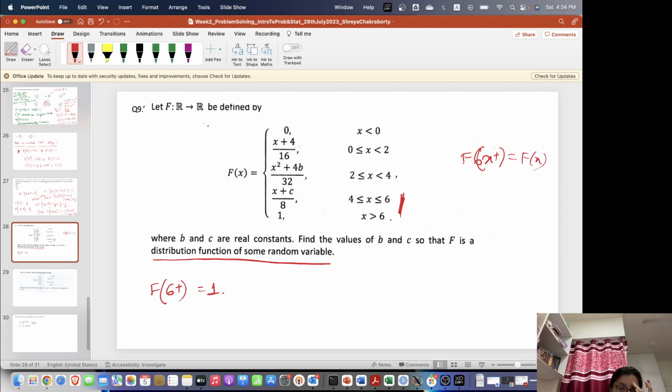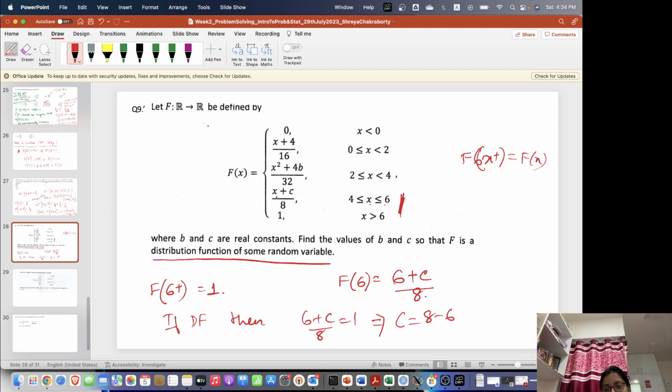It should be right continuous. So f6 is how much? When x equals 6, we put the value of x here, and we get 6 plus c by 8. If it has to be a distribution function, then 6 plus c by 8 equals 1. This implies c equals 8 minus 6, that is 2.